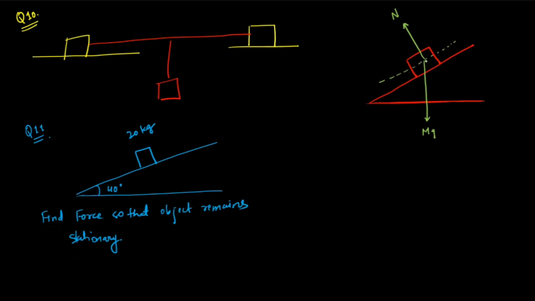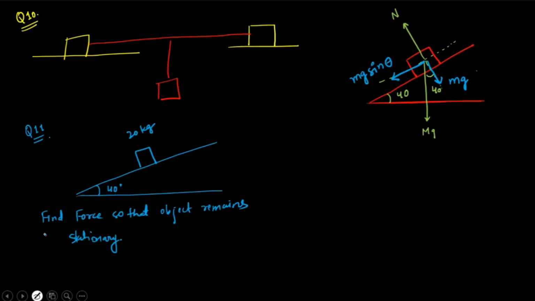It must be gravity, some component of mg. So this is 40 degrees. The force which is pulling this object downward along the incline is the component of mg, which is represented by mg sine theta. Whereas in this direction, against the normal, the component of mg acts, it's mg cos theta.